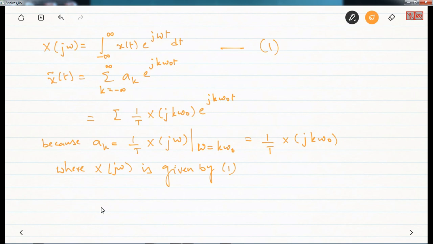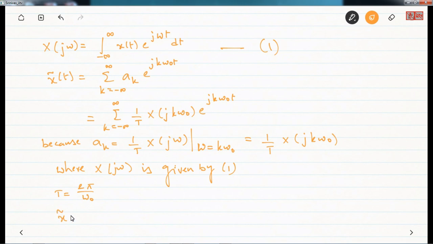Now let's do one last trick here, and then we are done with the Fourier transforms. At least we complete the definition of Fourier transforms here. So in this 1 by T, I can put T equal to 2 pi by omega naught.